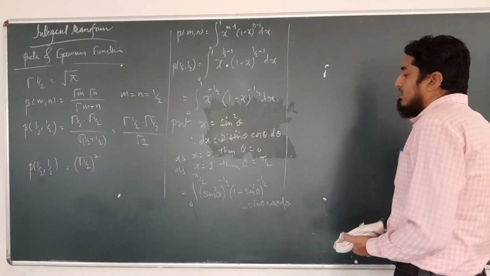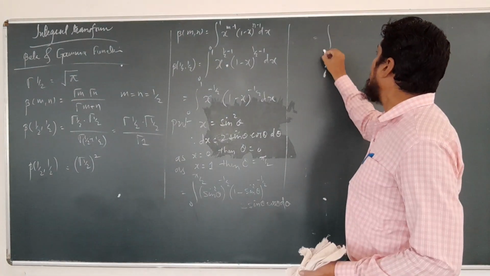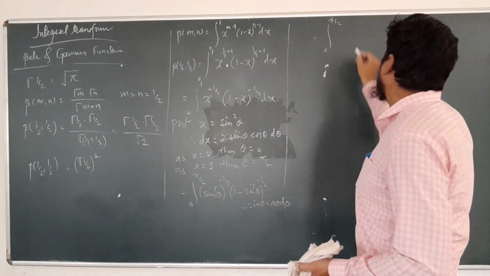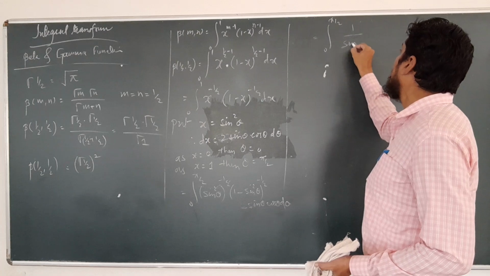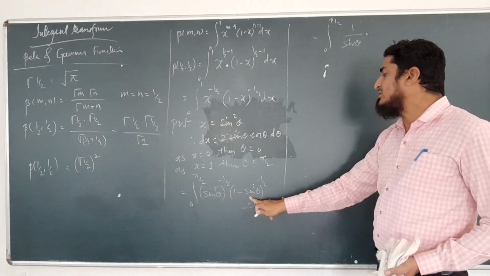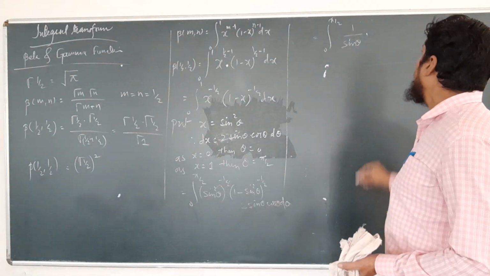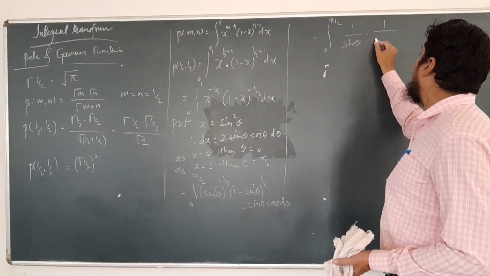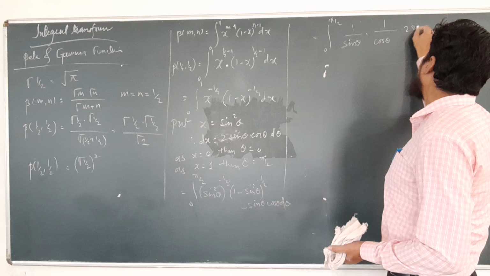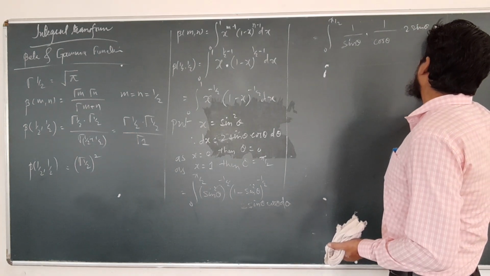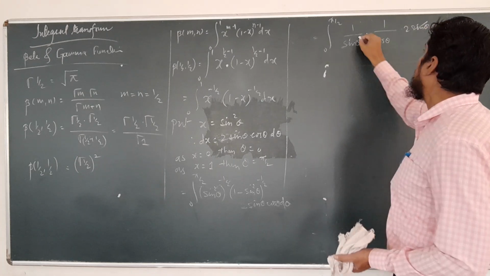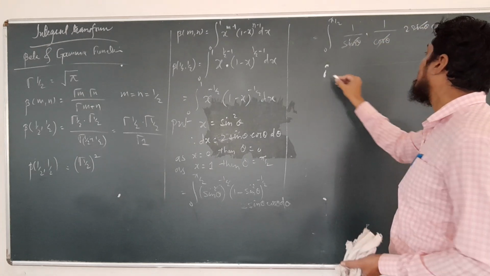We get integration from 0 to pi by 2. This 2 and 2 get cancelled. We get 1 upon sine theta, and it will give us cos square theta. Square gets cancelled. We will get 1 upon cos theta into 2 sine theta cos theta d theta. Correct? Sine theta gets cancelled, cos theta gets cancelled.